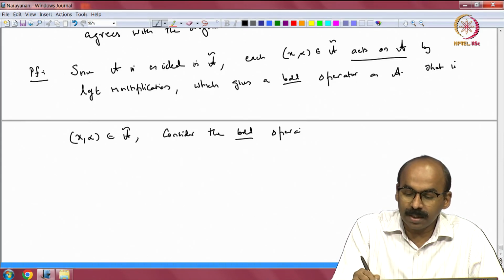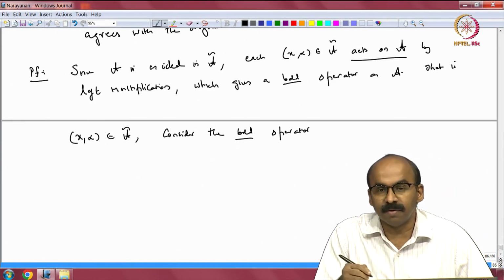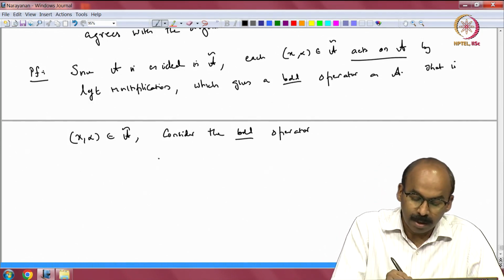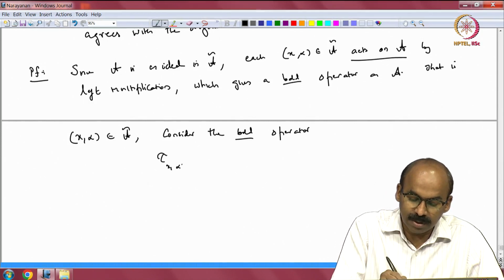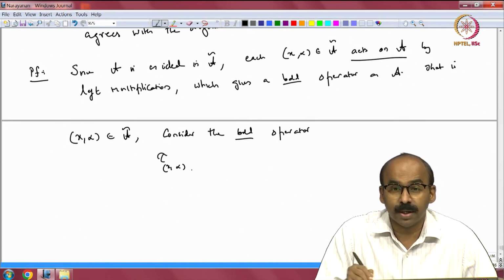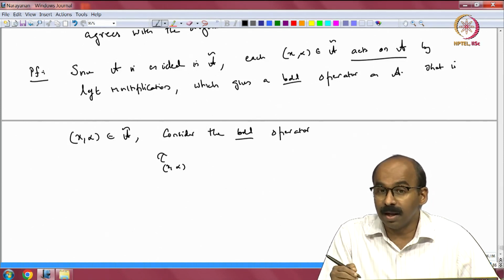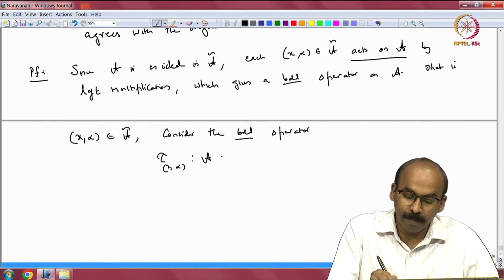Well, you have to check that it is a bounded operator, but that is trivial from the definition of the norms and so on. Consider the bounded operator tau x alpha. This is just a notation I am introducing to make sure that you distinguish the element x alpha from the operator tau x alpha, which is going from A to A.